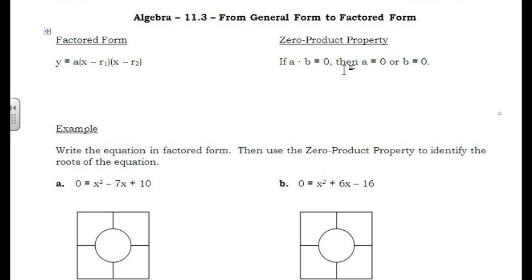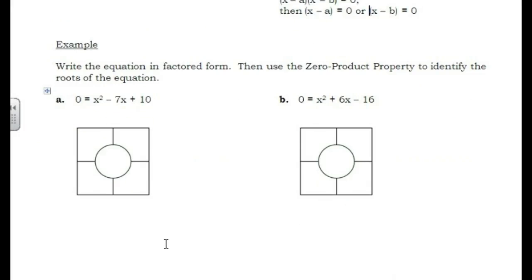And so what that's going to allow us to do with our factors is if we have x minus a and x minus b equal to 0, then x minus a equals 0 or x minus b equals 0. So we will utilize these when we do the examples.